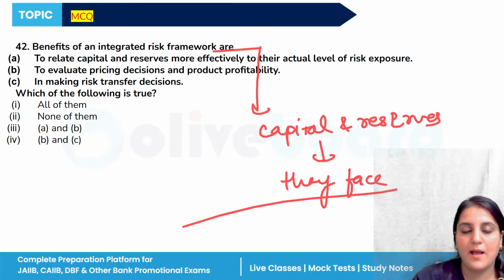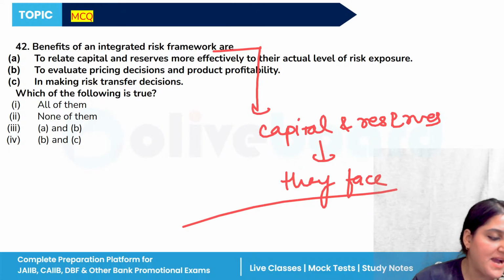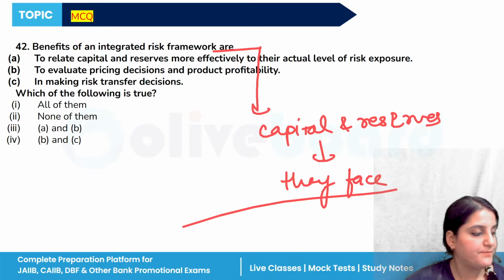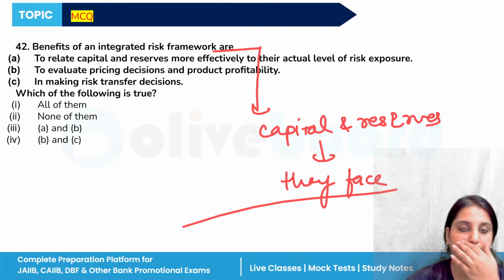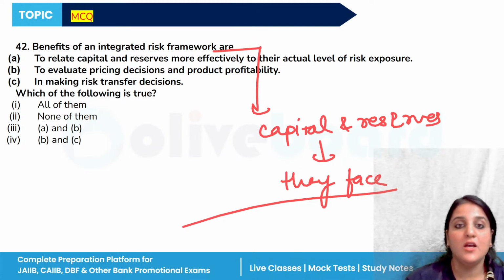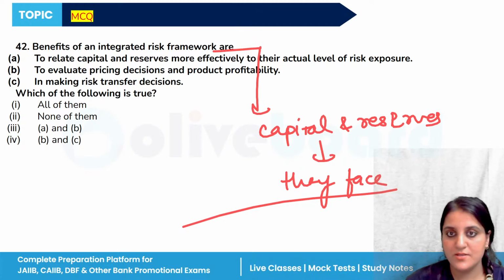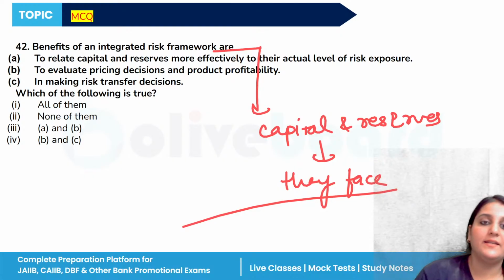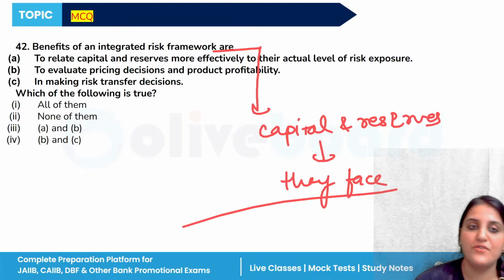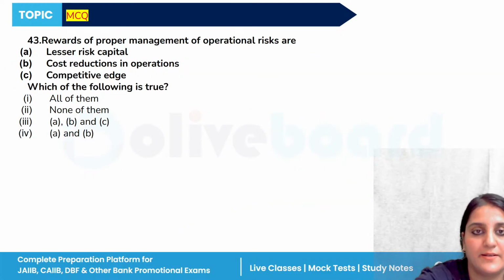So what are the benefits we can say? I think all of them, because to relate capital and reserves, to evaluate pricing decisions, and in marketing risk transfer decisions. So we can say all of the above are correct here.